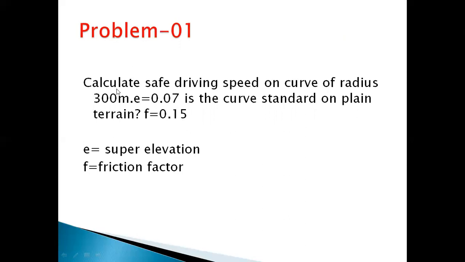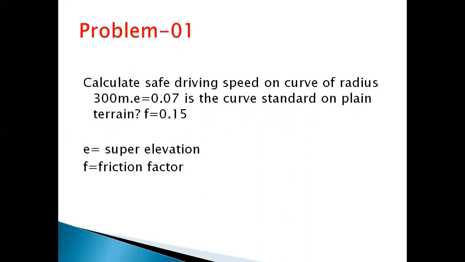Now see what the problem is. Calculate the safe driving speed on a curve of radius 300 meter. We have to calculate the safe driving speed on the curved road, and the curve has a radius of 300 meter and the super elevation of the road is 0.07, the curve standard on plain terrain.